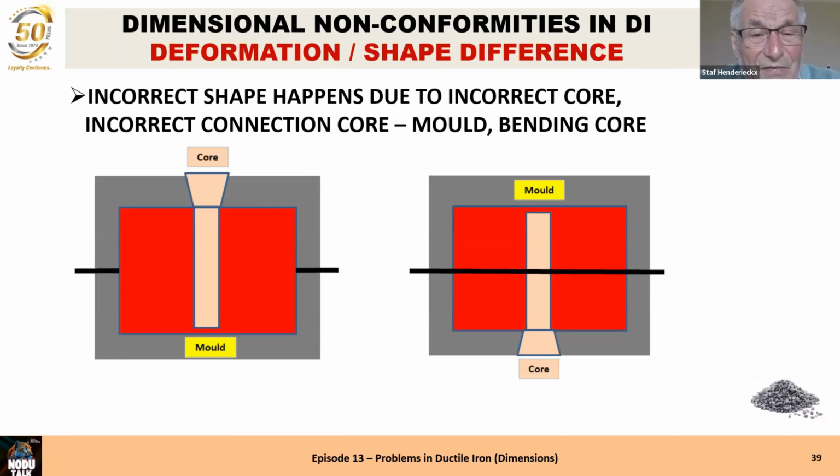On the left side it is fairly okay. You have to machine, but if there is no machining, then you will have to drill the hole yourself. But on the right side, what's the problem over there? The gas made from the core can enter the liquid metal. So it's not only the fact that the dimensions will not be okay, but you will also have the danger that the gas can enter the metal over there.